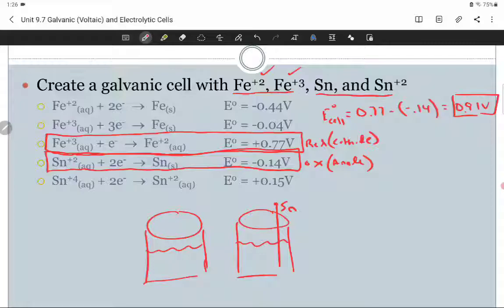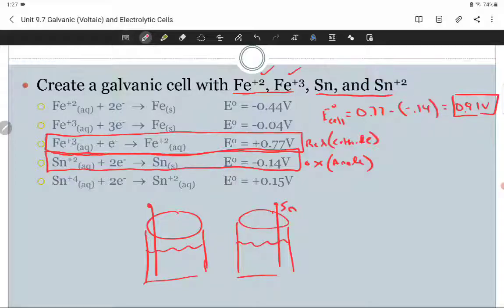Well, what do we attach? What kind of solid do we attach this wire to? Well, you need a wire in here. You need some sort of solid material to be able to conduct this electricity. But it's not iron metal, because we're not using iron metal. We're using iron plus 2 and iron plus 3.